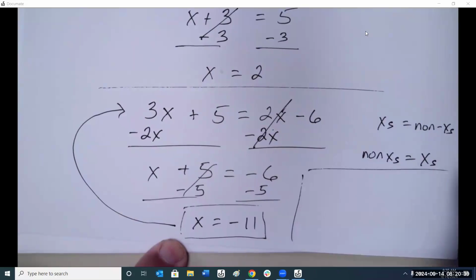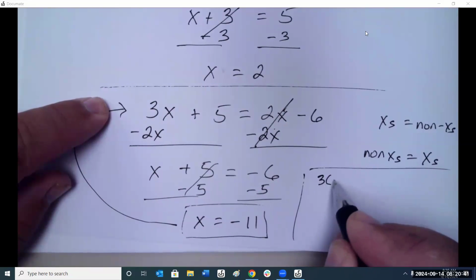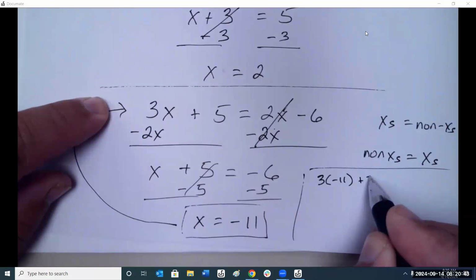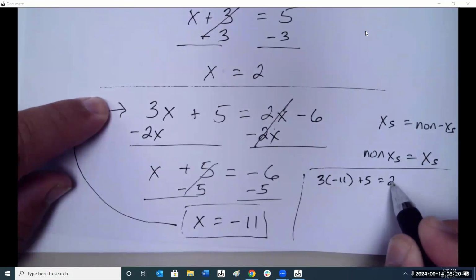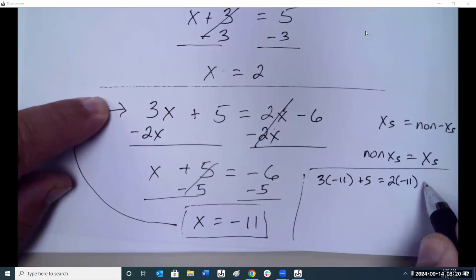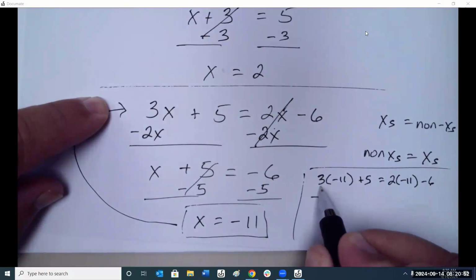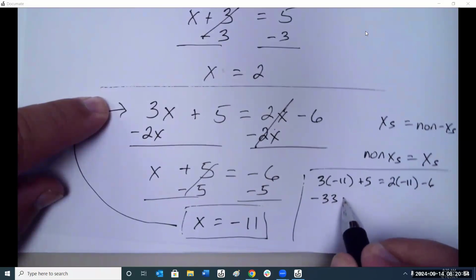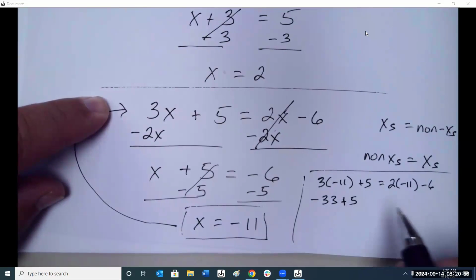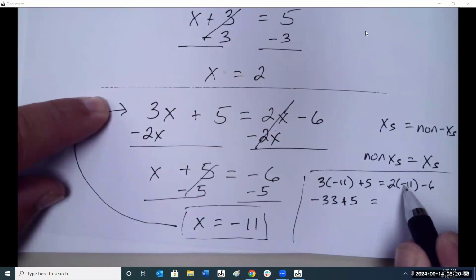So we have 3 times negative 11 plus 5 equals 2 times negative 11 minus 6. Positive times negative, 3 times 11.